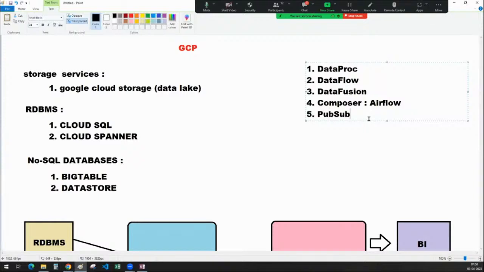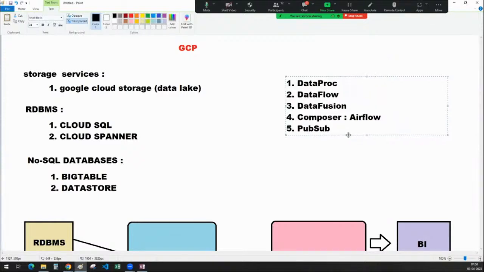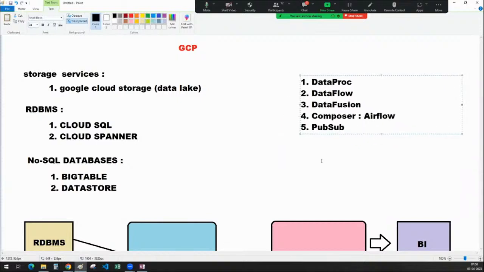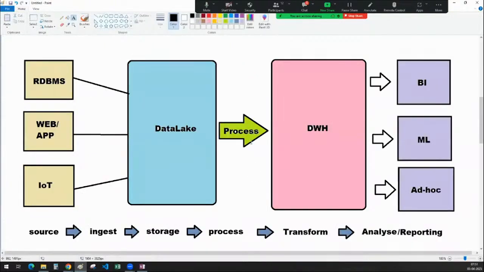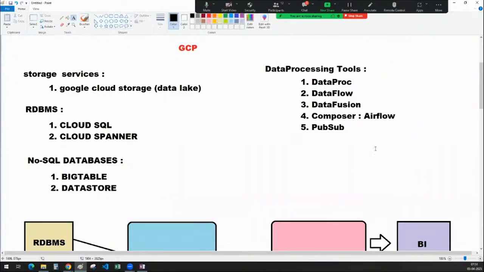So these are the data processing systems that you are going to learn in our session, guys. This is what I call data processing tools in GCP.